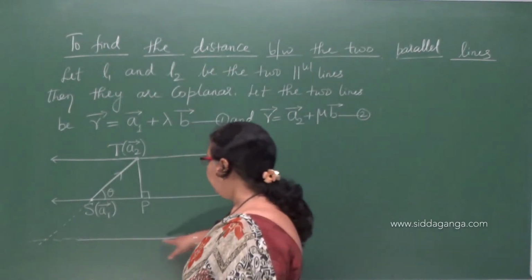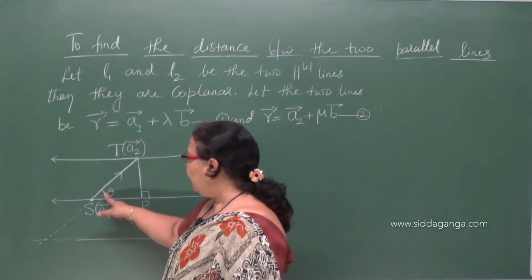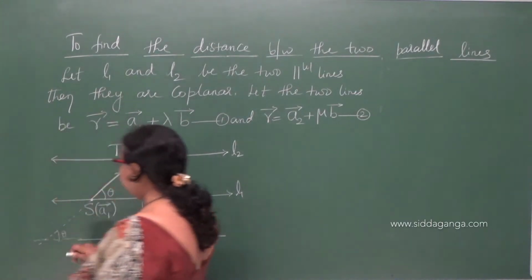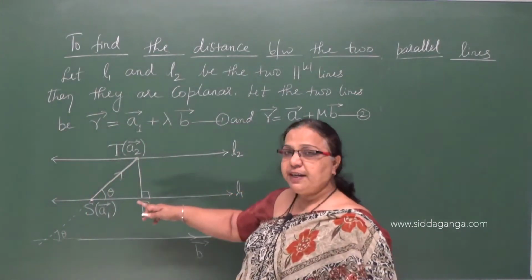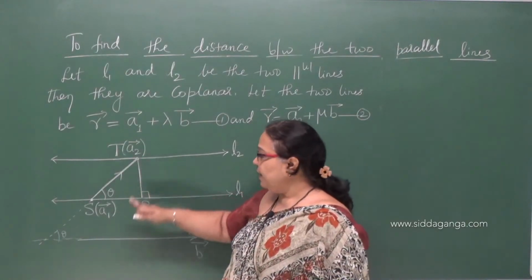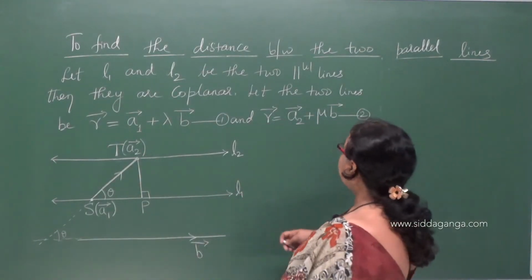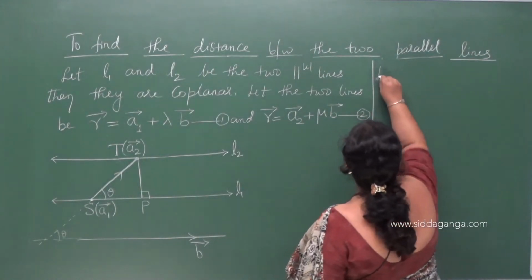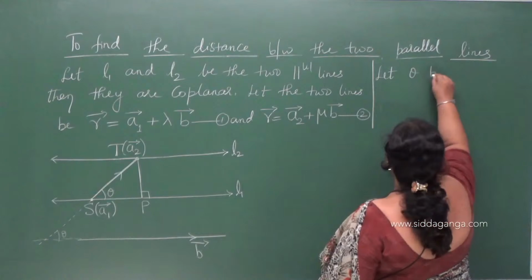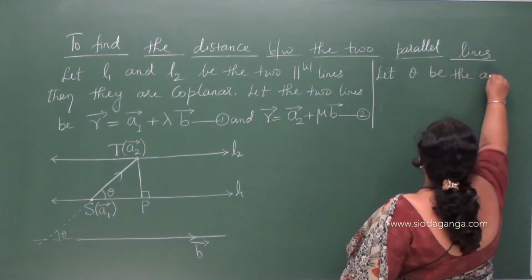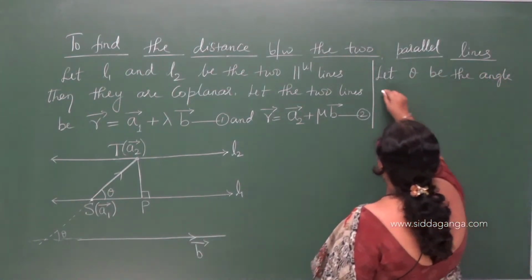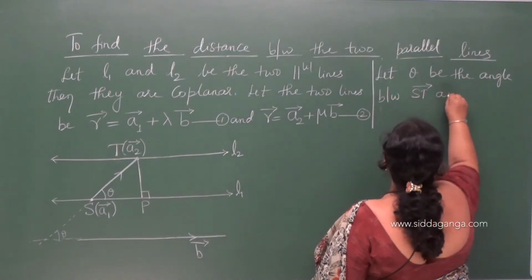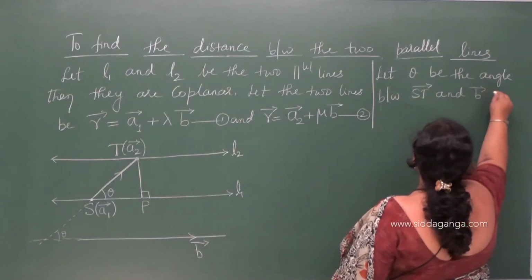and vector b. Here theta is the angle between vector ST and vector b. So let theta be the angle between vector ST and vector b.